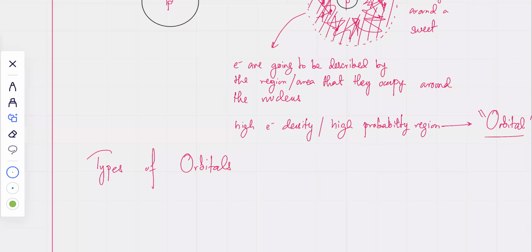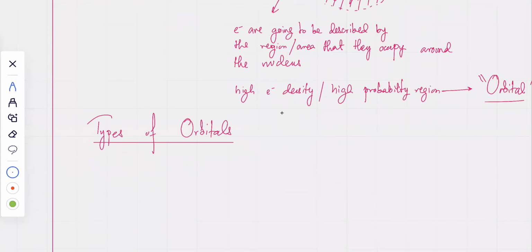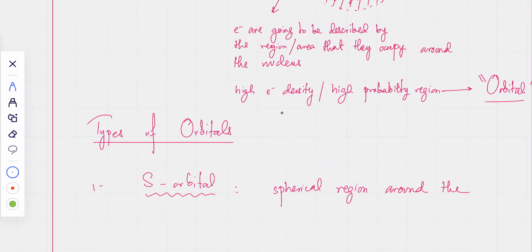So, types of orbitals. The first type, number one, is known as an s orbital, which we just did. So what's an s orbital? It's a spherical region around the nucleus.